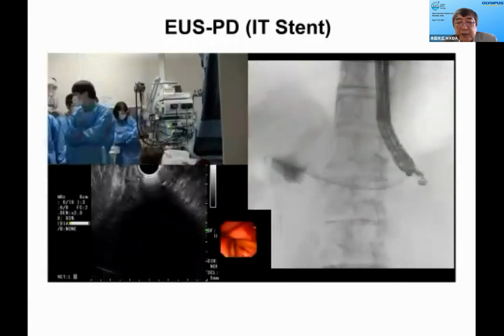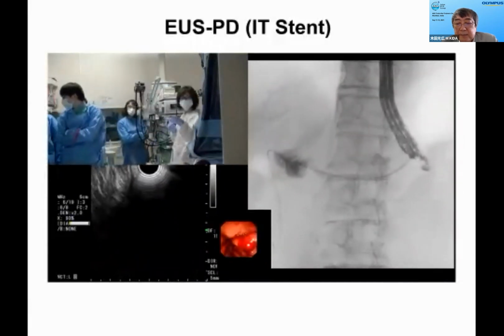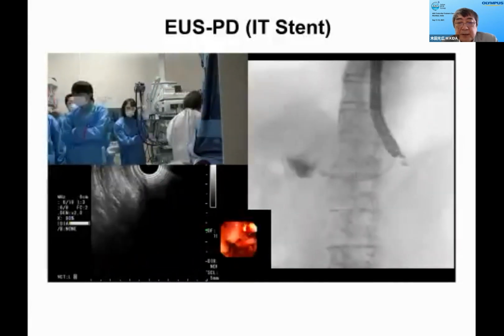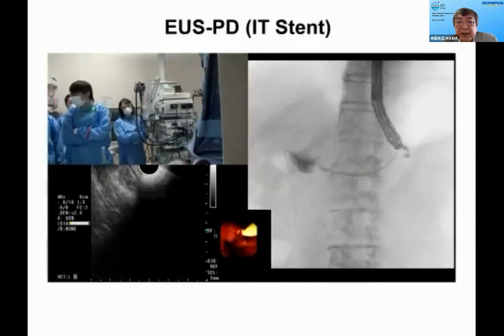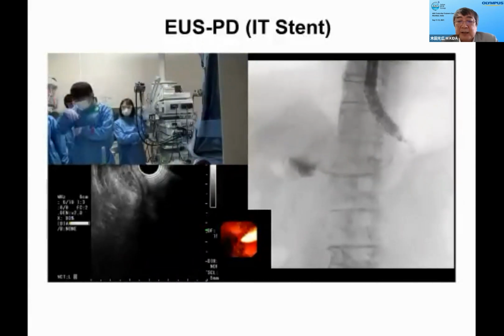Then insert the plastic IT stent into the MPD. Now we release, deploy the IT stent into the stomach.